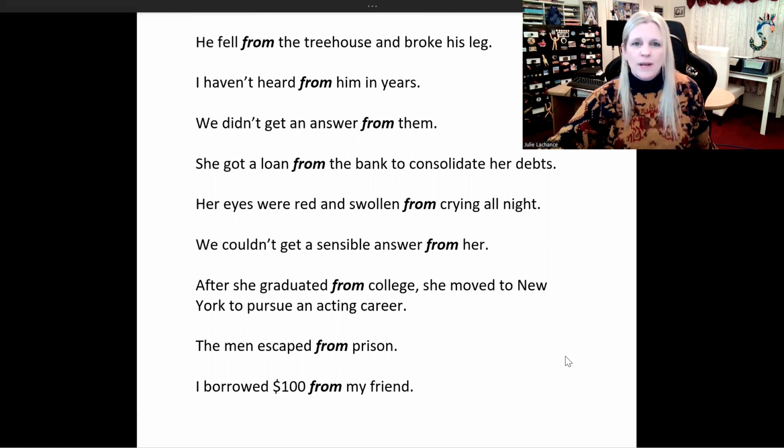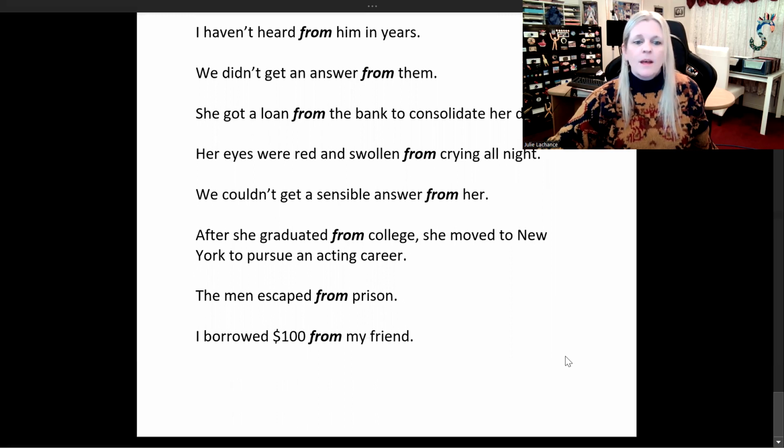After she graduated from college, she moved to New York to pursue an acting career. The men escaped from prison. I borrowed $100 from my friend.